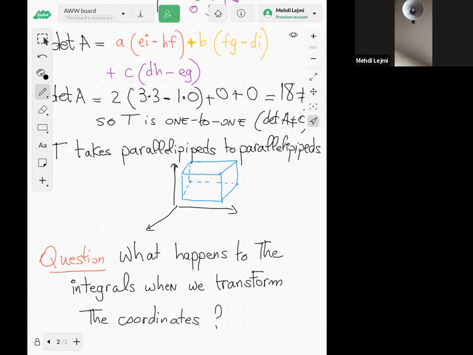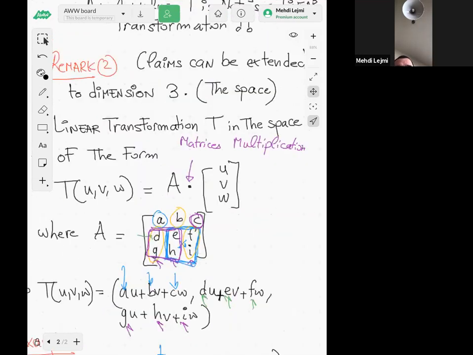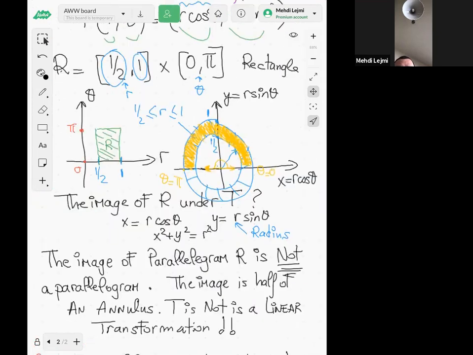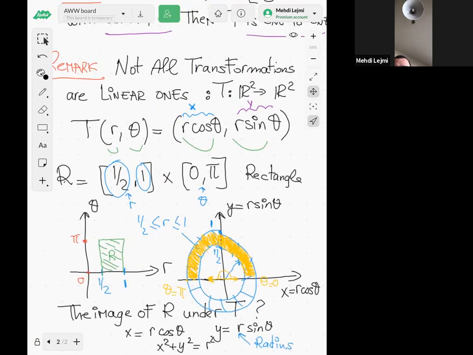Okay, so what do I mean here by transforming the coordinates? Like in this example with r and theta, T of r, theta equals r cosine of theta, r sine of theta, right? So we started with two coordinates or two variables, r and theta. Then we transform these two coordinates into two new coordinates.